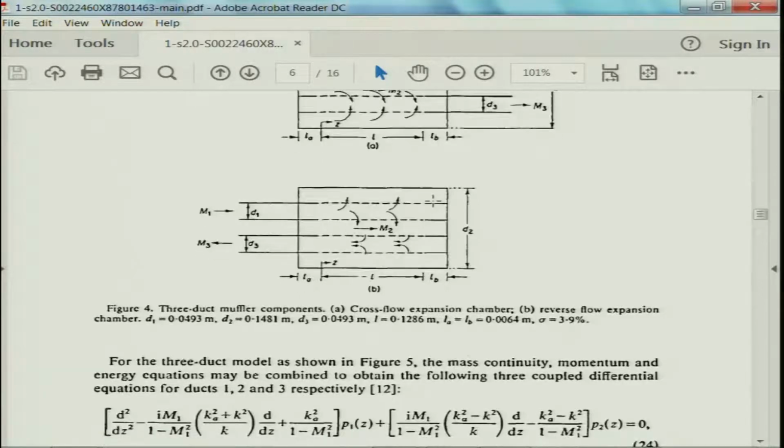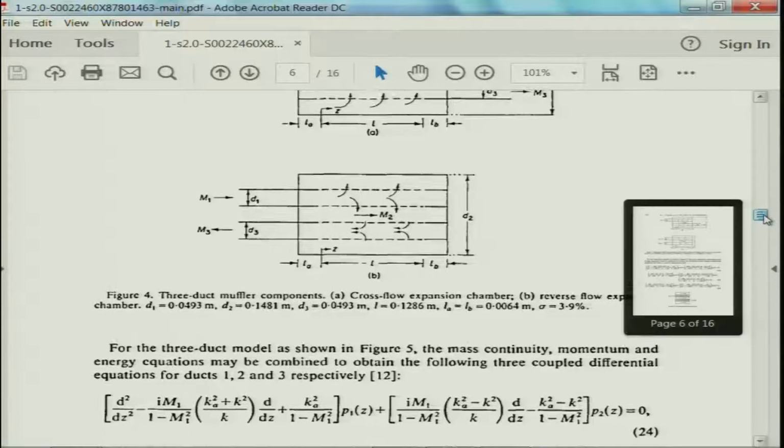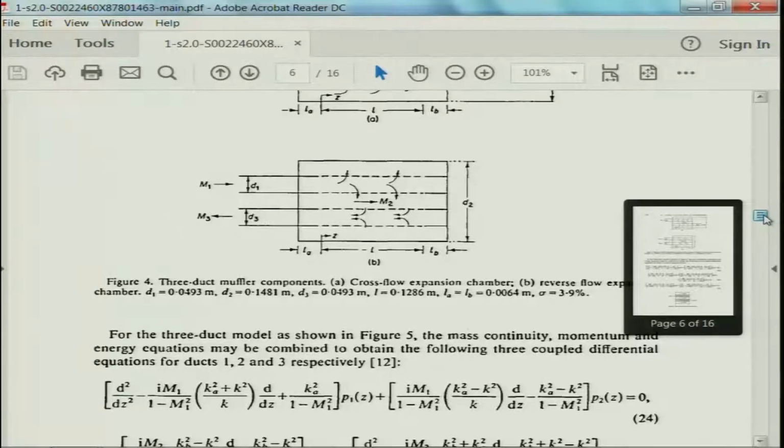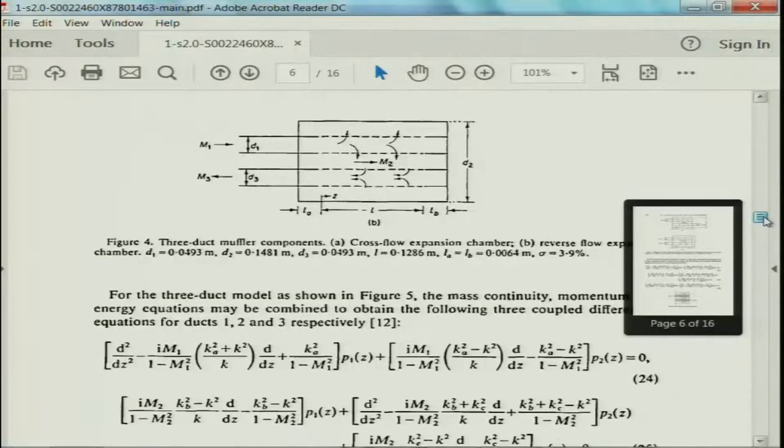So, let us consider the dimensions given here, basically 49.3 mm, 148.1 mm or roughly 149, and the other diameter is the same as D1. The length of the perforated section is about 129 mm, the extension is a very small 6.4 mm, and 3.9% is the small porosity. So, they have considered a very low porosity, nearly solid section, but still it can do wonders.